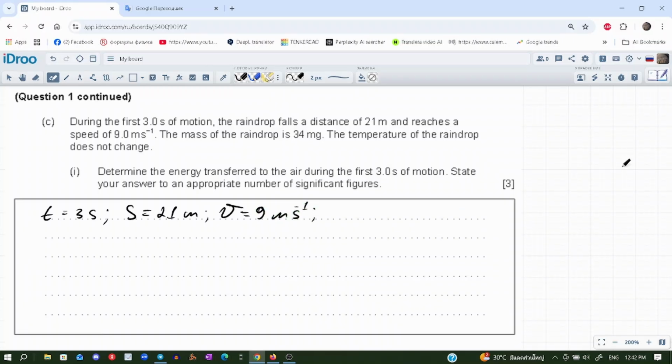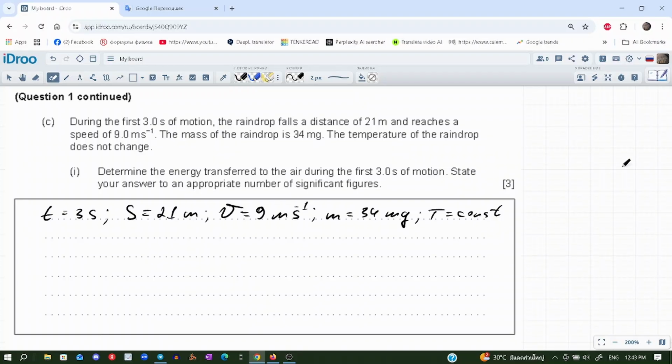We know the mass is 34 milligrams, and the temperature is constant. So how can we find this energy transferred to the air?